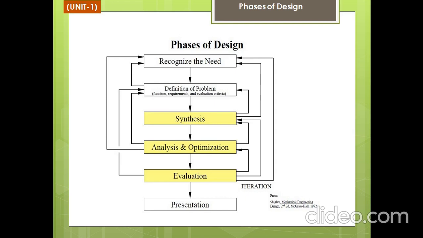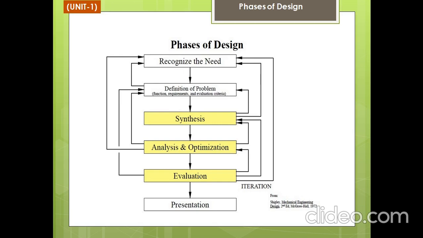So someone has selected the material as steel for this product, because the product requires around 200 megapascal strength, and mild steel or any steel is capable to bear 200 megapascal. Someone has selected steel, and suppose someone has selected aluminium.